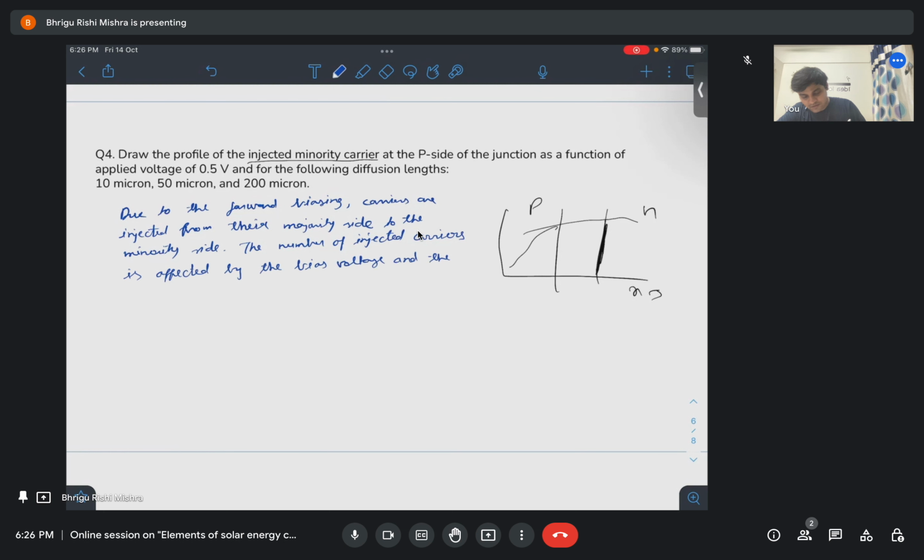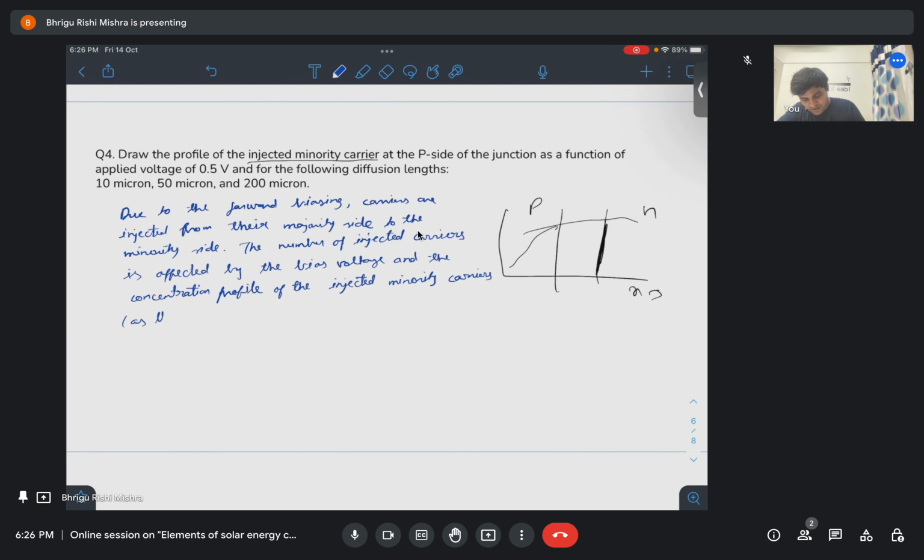and the concentration profile of the injected minority carriers.